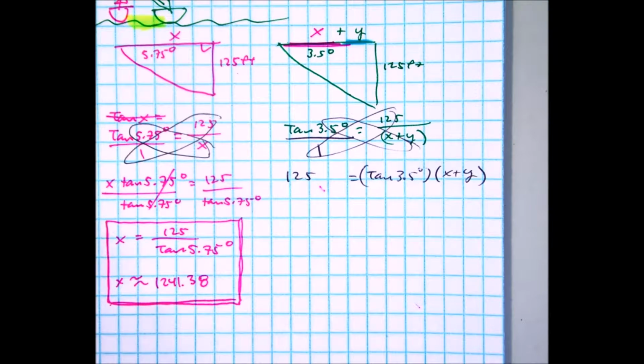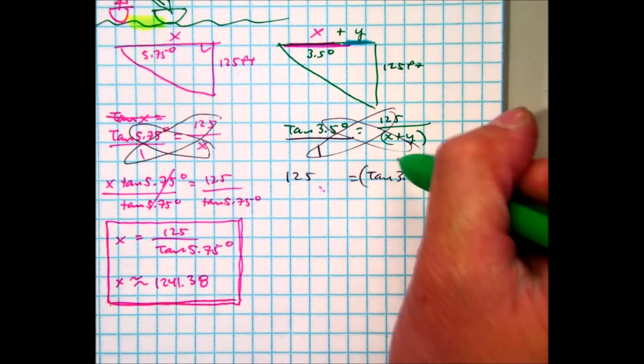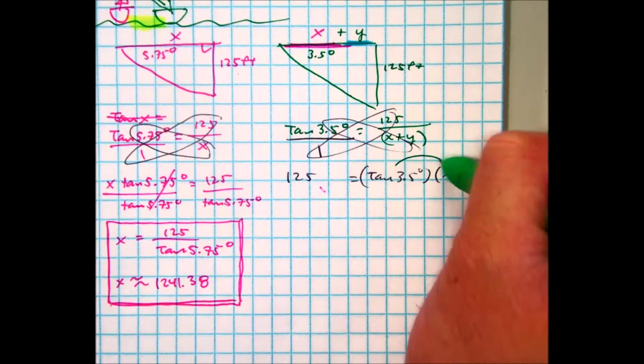Partner B, tell partner A, what was the mistake I made yesterday right here? What was the mistake I made yesterday? We were all paying attention yesterday. Class, what do I need to do here?